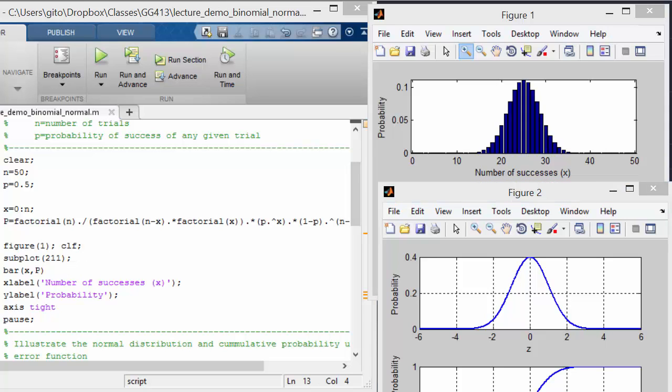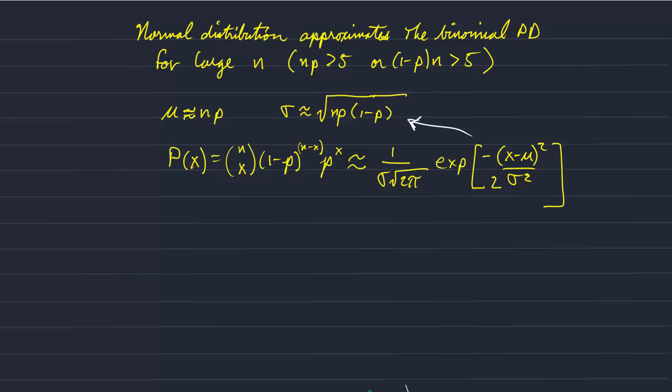Another example that Paul gives is the Poisson distribution, which is another discrete distribution, but it's a good approximation to the binomial distribution when little p is very small and n is very large.